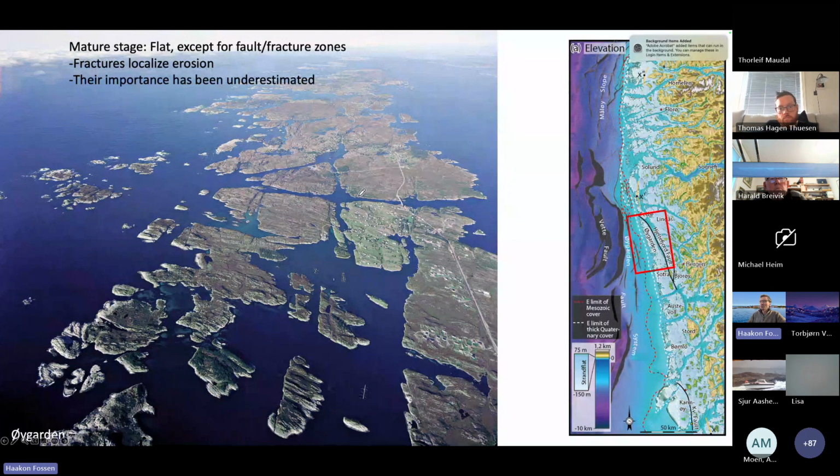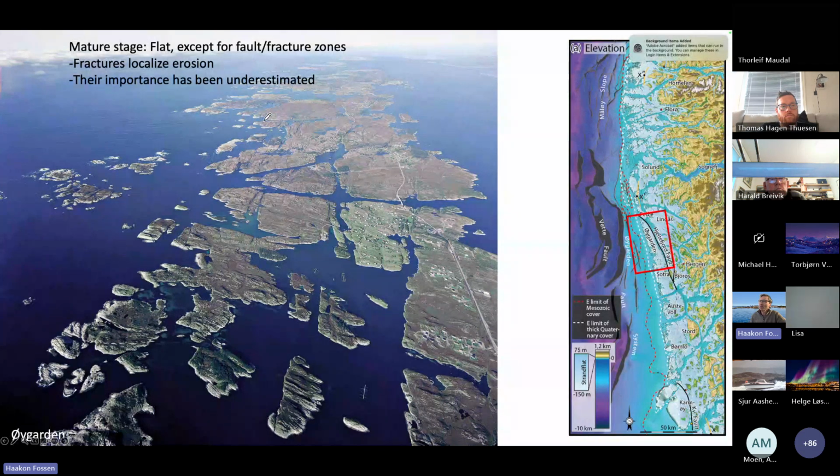Not completely horizontal, but relatively, on average, pretty horizontal. What we also can see here are erosional lows, small sounds and things. These are caused by faults and fractures, and those I think are important in this context.